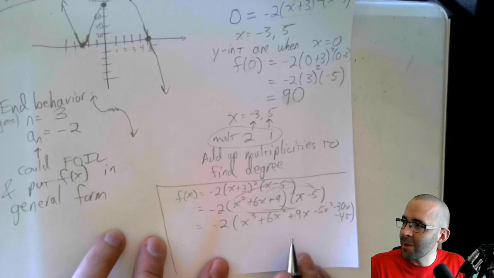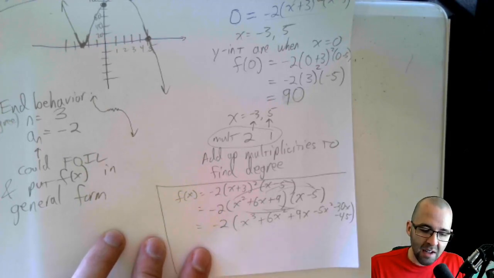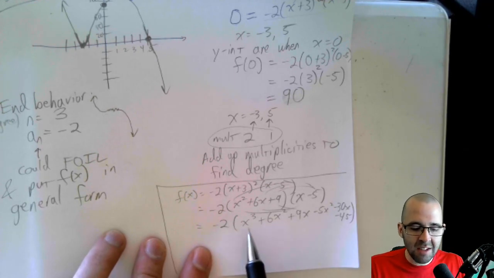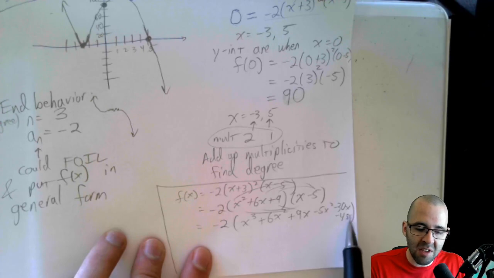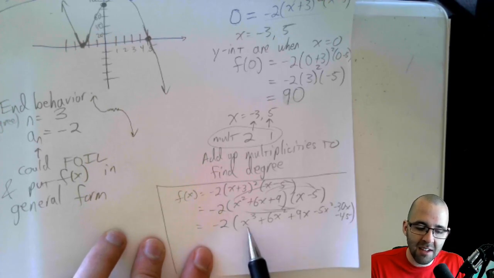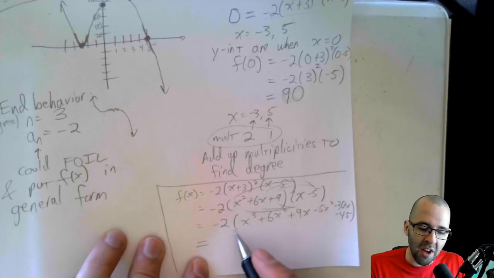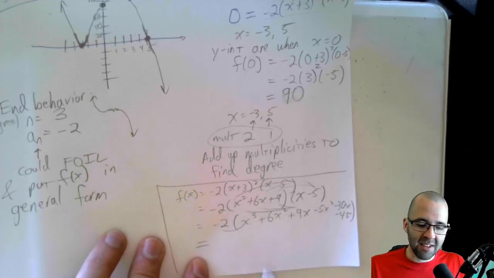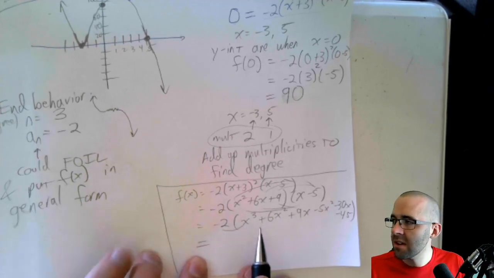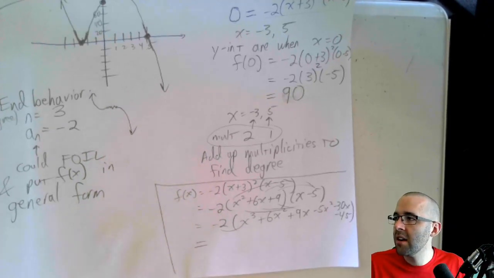And now you can see where the -2 comes from, because the leading coefficient is the coefficient next to the x cubed, our highest power of x. If we wanted to put it in general form, the number that is multiplied by that x cubed is that -2. So that's kind of why.